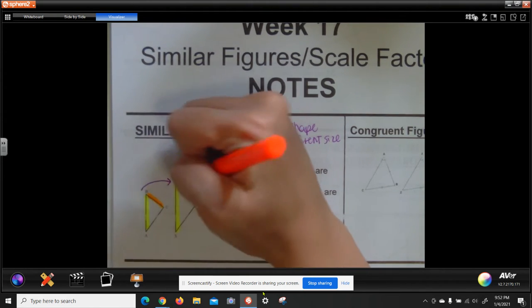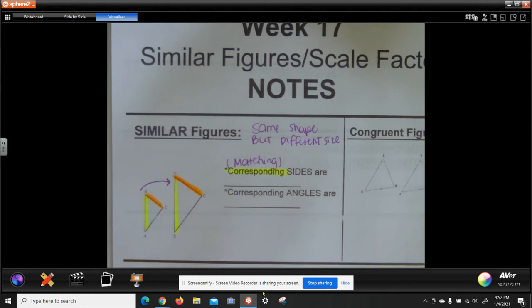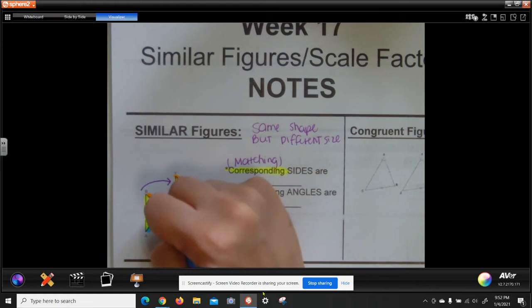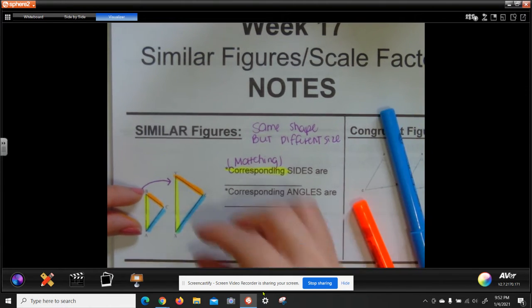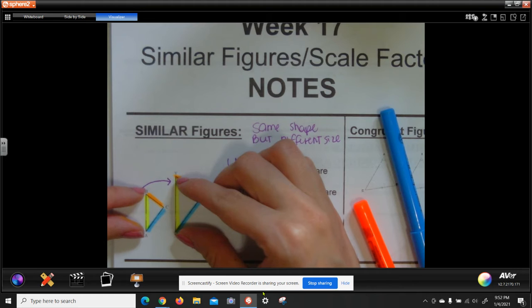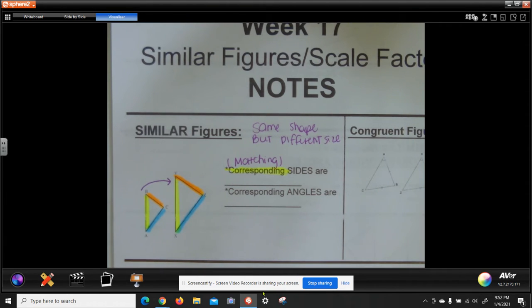BC corresponds to YZ. AC corresponds to XZ. Notice how they don't look exactly the same, because this is smaller and this is bigger, but they're corresponding because they match in the same position in the shape.